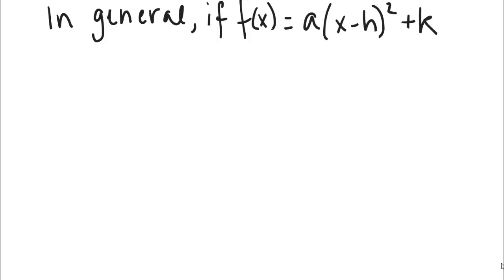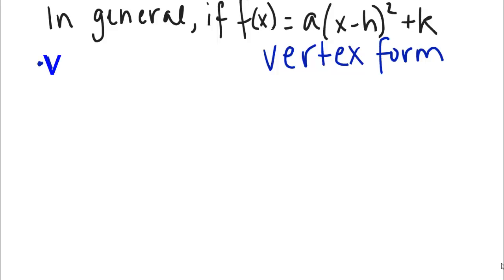Let's sort of summarize what we know if we have a parabola that's written in this form. By the way, this is called vertex form. I know it's in vertex form because I can see the shift, so I can actually see the vertex. In fact, we even know that the vertex is at (h, k).